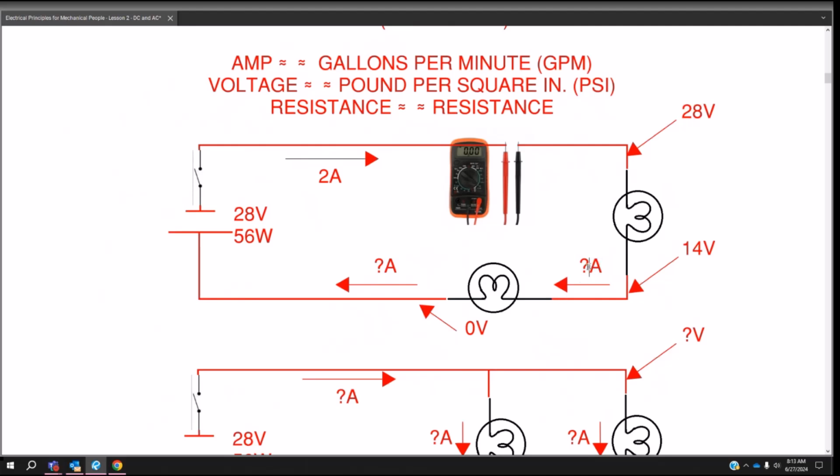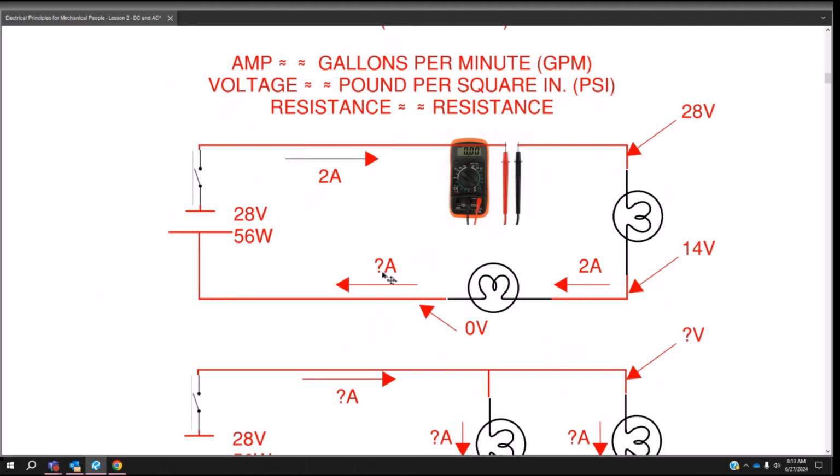No. The amperage actually doesn't change, because you're not increasing or decreasing the quantity of electrons flowing through this conductor, just like you're not increasing or decreasing the volume of water going through a hose.